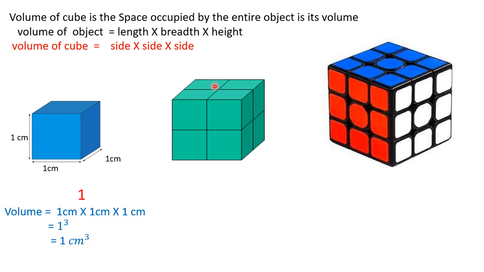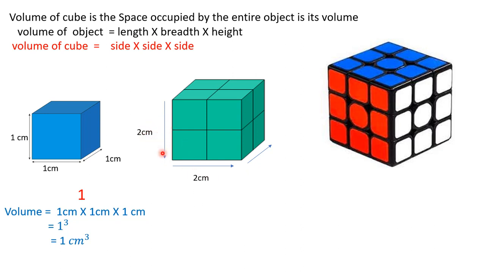Let's take the second example of this cube. This is a bigger cube compared to the first cube, where we have 1, 2, 3, 4, these 4 cubes here, and 4 cubes behind these 4 cubes. So we can say that the height, length and breadth of this cube are all 2 centimeter.